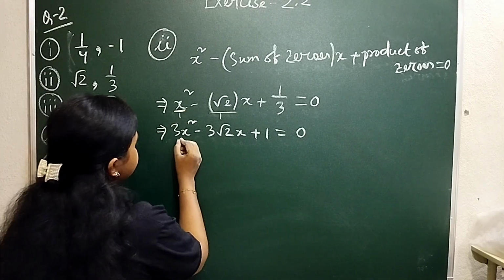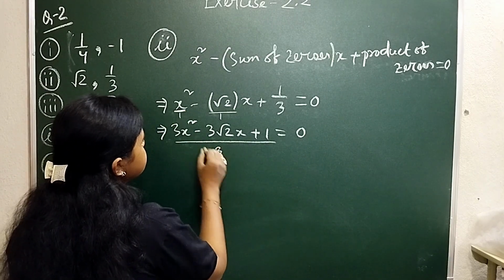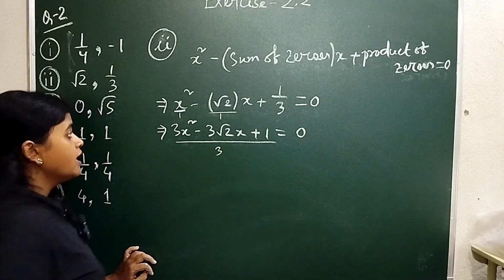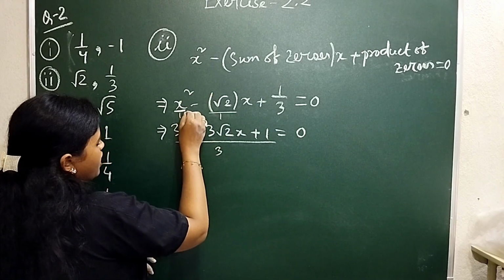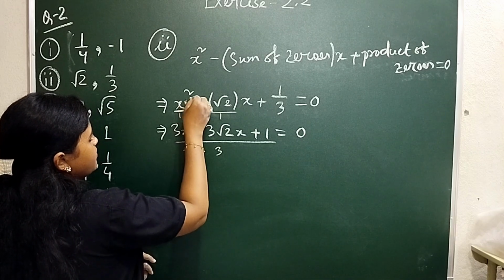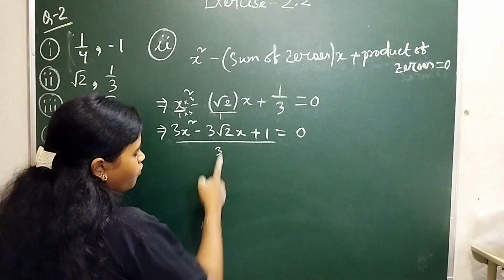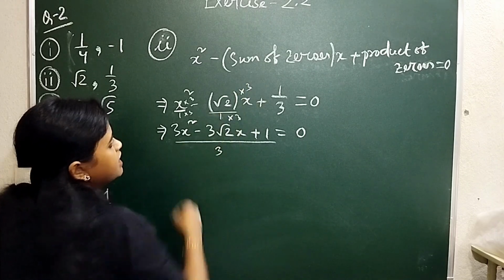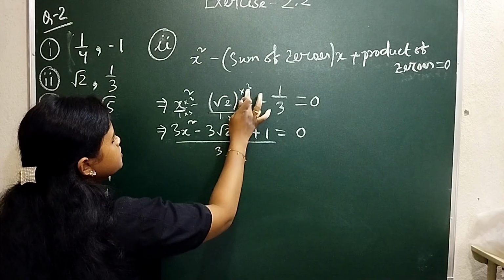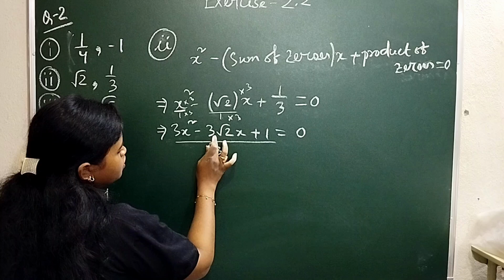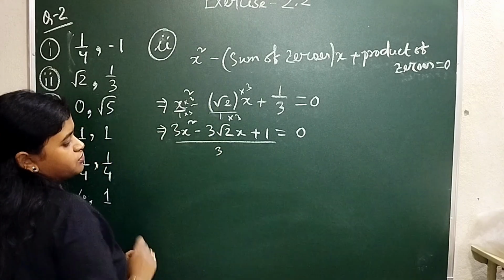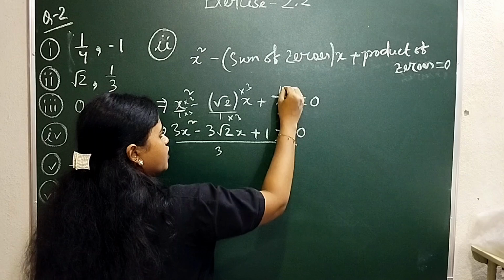So if I take the LCM of 3, and LCM of 1 and 3, we can write 3, and 1 times 3 is 3, so 3 will be multiplied here also, and 1 times 3 is 3, so 3 will be multiplied here also. That's why 3 root 2 and 3 into x, 3x square, and here 1 will be multiplied.